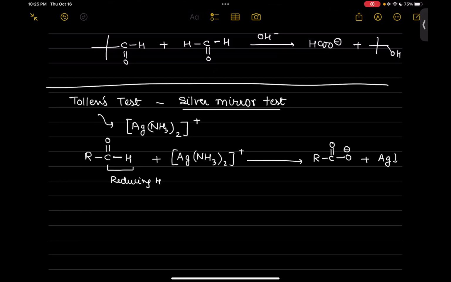But ketones do not give this test. Why? What reason will you say? Somebody may write it like this, so don't get confused. Ammoniacal silver nitrate, AgNO3 mixed in ammonia.